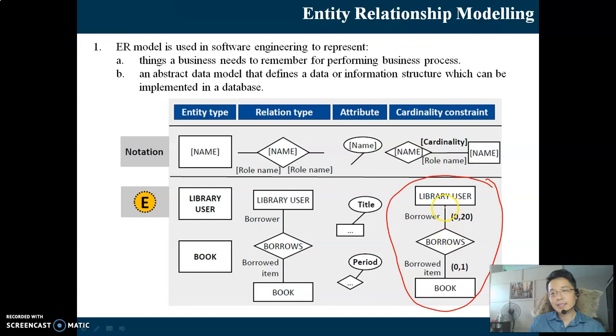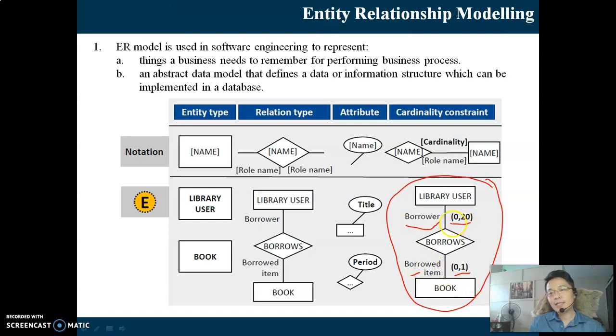So we draw lines and the relationship rhombus between the two rectangles. To enrich the relationship information, we can spell out the role name and the cardinalities. In this case, library user is serving the role as a borrower, and the book is serving the role as the borrowed item.